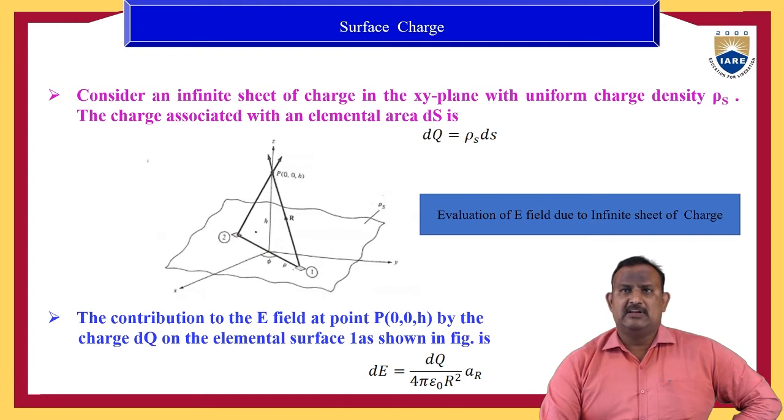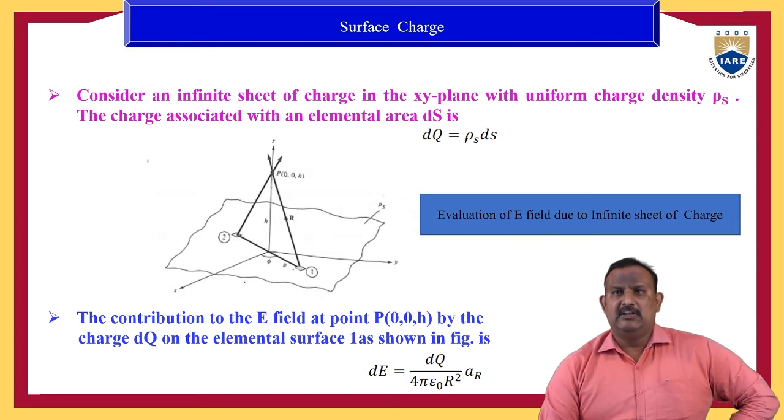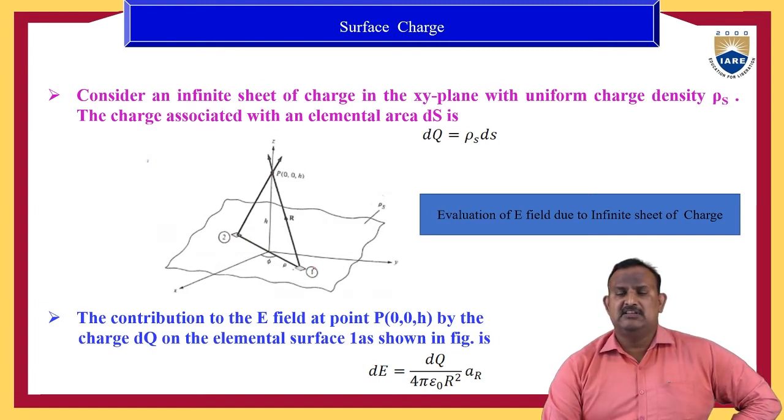First, let us consider an infinite sheet of charge in the xy plane with uniform charge density, where rho s is the uniform charge density for surface charge.